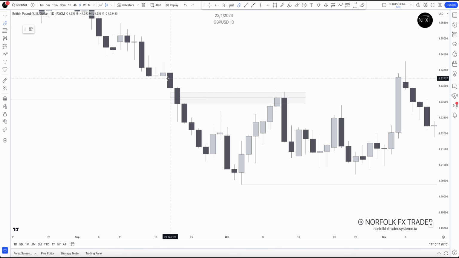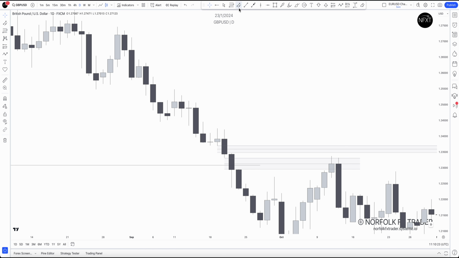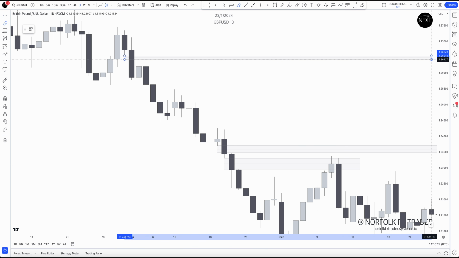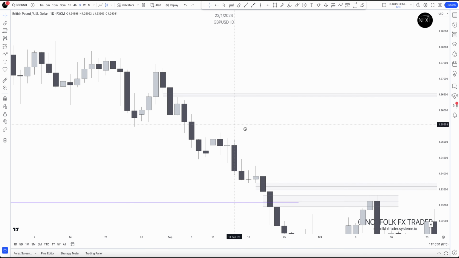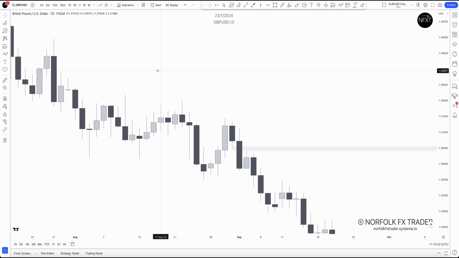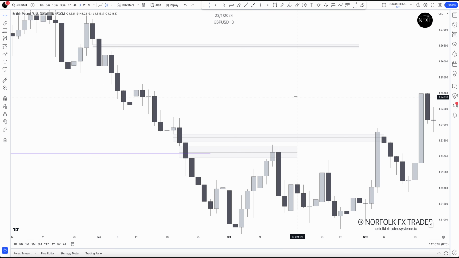The next imbalance level is above. And do we have any more? So we don't have any more imbalances until up here. So that's my next imbalance level. And that looks like that's it for now. So they are the only imbalances that we currently have.